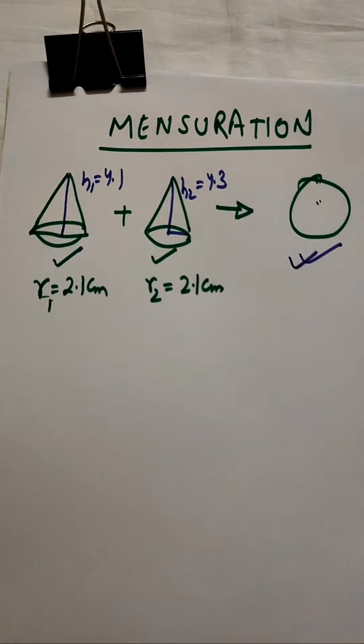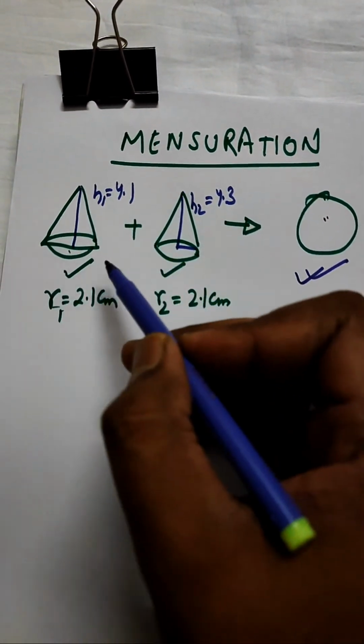So we know that these are two solid right circular cones.